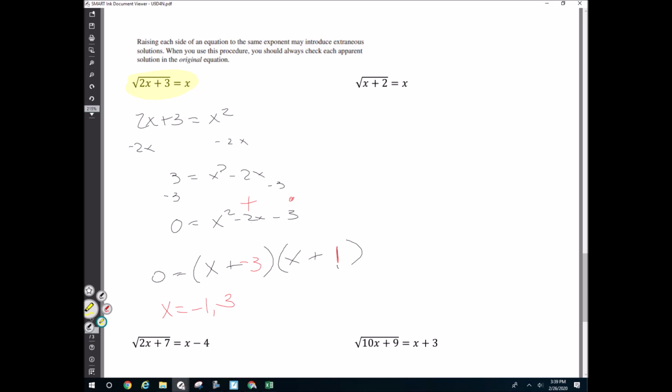You've got to make sure that's in parentheses. Graph root 2x plus 3 and y equals x. Everybody in your calculators, you should be graphing.